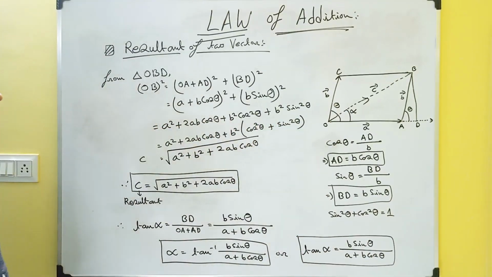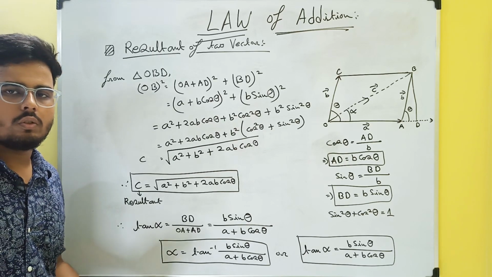So this is the resultant between two vectors.